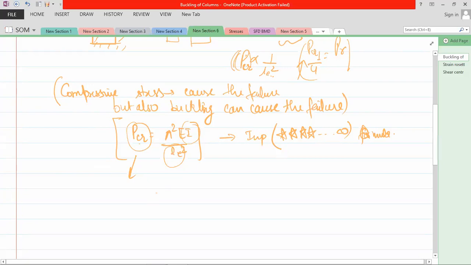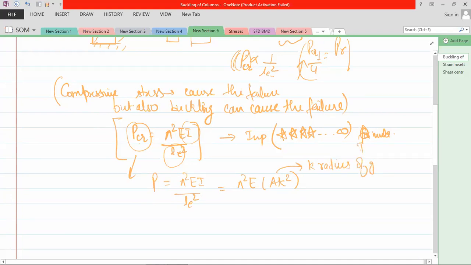Okay, now there is a term called slenderness ratio. So suppose I am writing P is equal to pi square EI upon LE square. Now I can also write I as A K square. K is your radius of gyration, which you know from your mechanics.